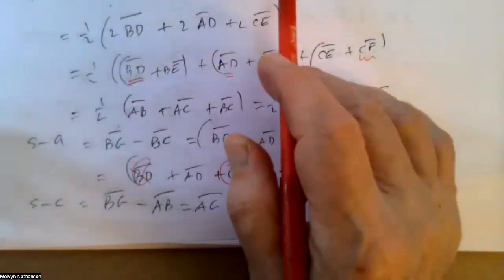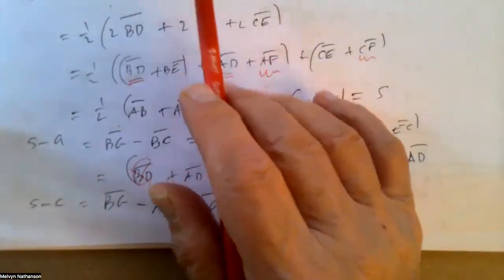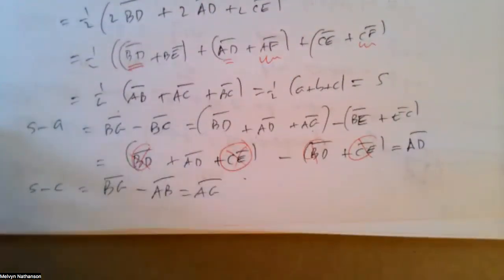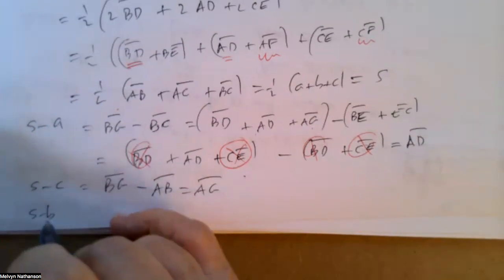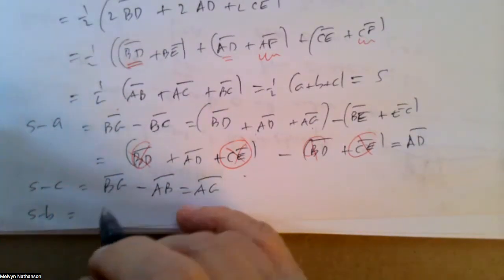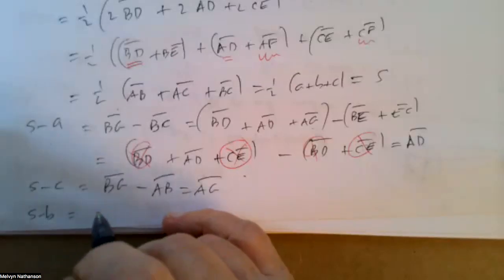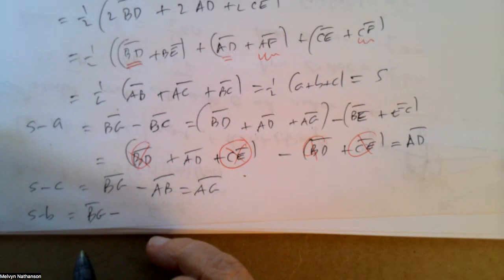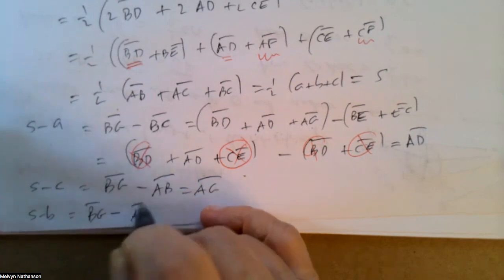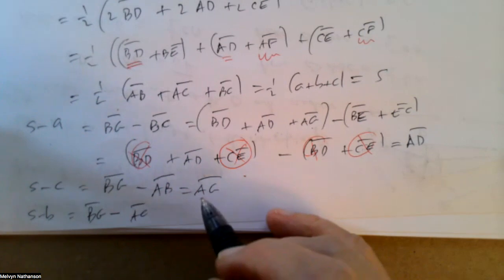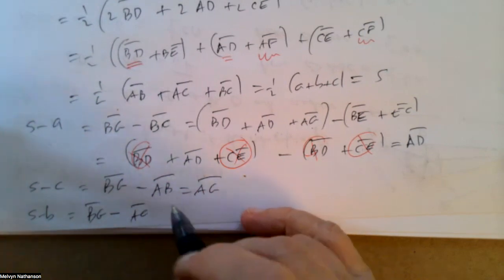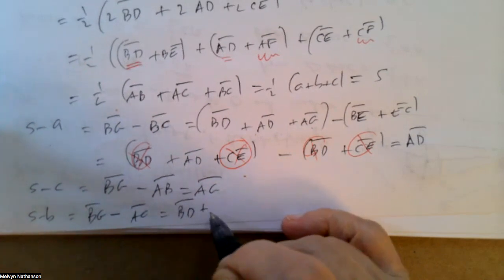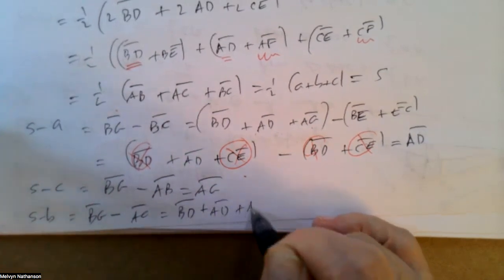And what would be lovely is if the distance from B to D were equal to S minus B. So let's just see if we can do that calculation right down here. S minus B: S is the distance from B to G, B is the distance from A to C. The distance BG is BD plus AD plus AG.